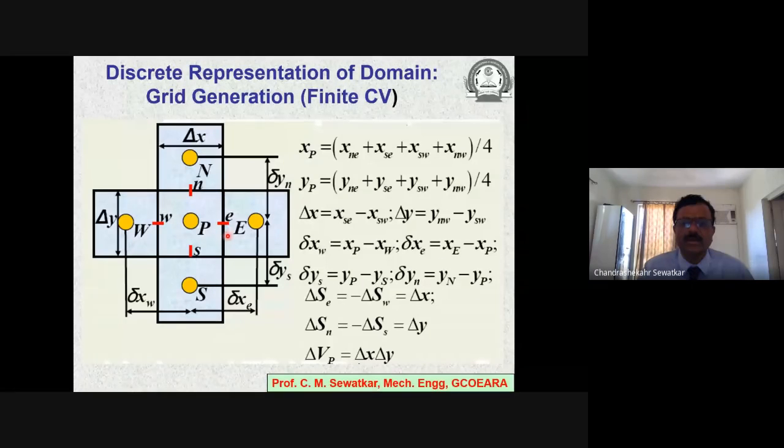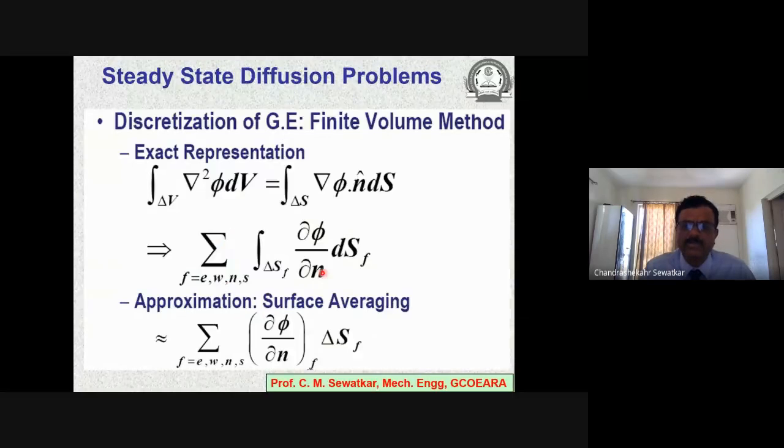And I assume that for a particular instant, it is constant. And then, by assuming it to be constant, I take this gradient out of the integral sign. What is now left inside the integral sign is dS_F, and the integral of dS_F is delta S_F, because I know that area.